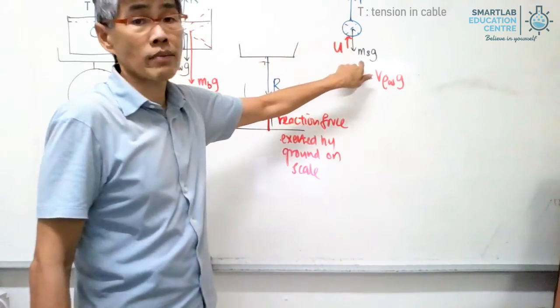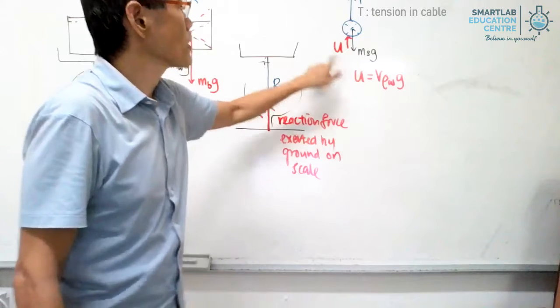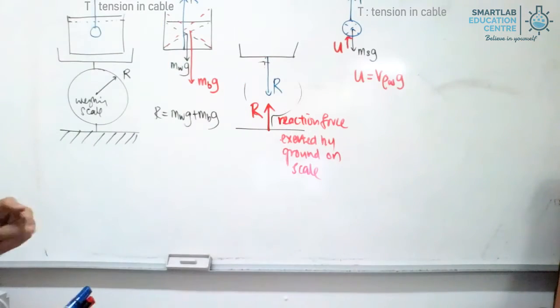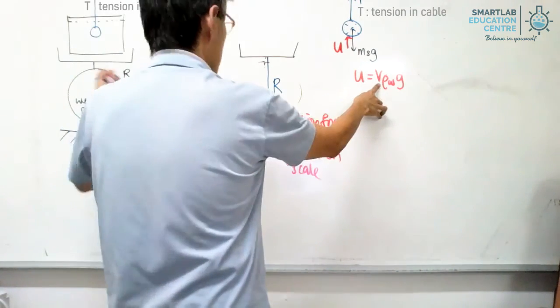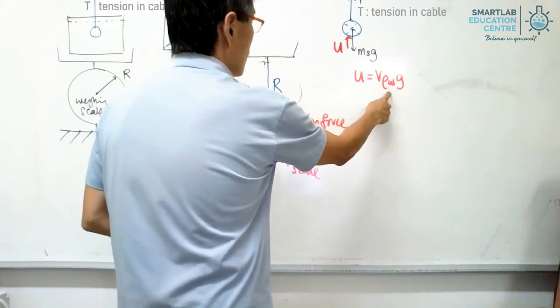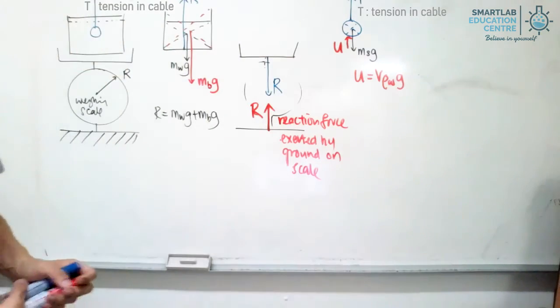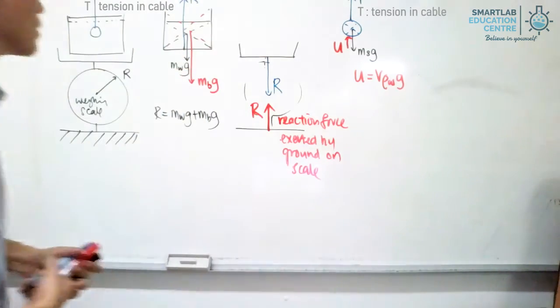Then it will have mSg, the weight of the steel ball, and there will also be an upthrust being exerted on it. For this buoyant force, the calculation is U equals V rho W g, where V is the volume of the steel ball, rho W is the density of the water, and g is your acceleration due to gravity.